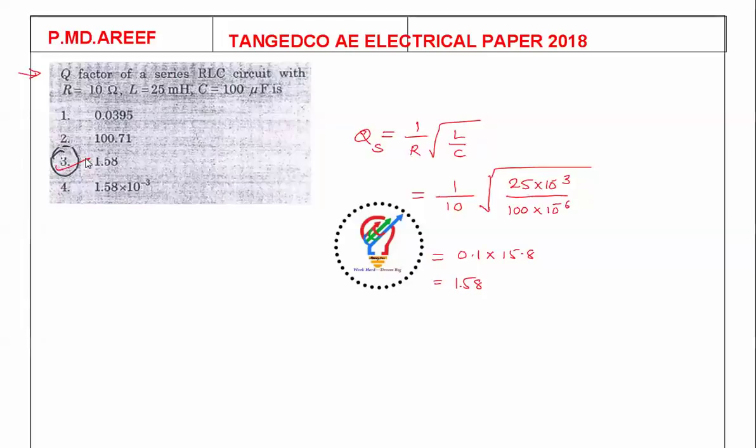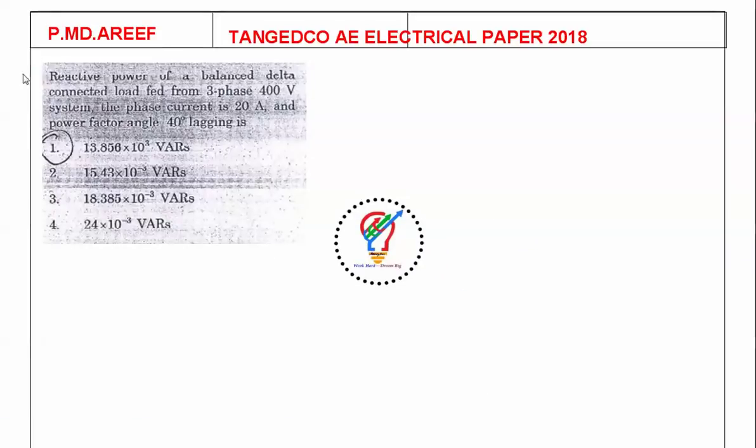Next question: the reactive power of a balanced delta connected load fed from a three-phase 400 volts system, the phase current is 20 amperes and the load power factor angle is 40 degrees lagging. Here we need to find the reactive power. So Q = root 3 into VL into IL into sin phi.